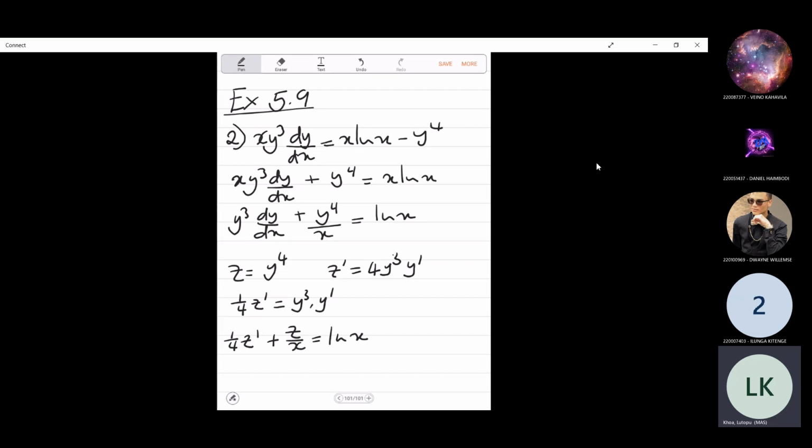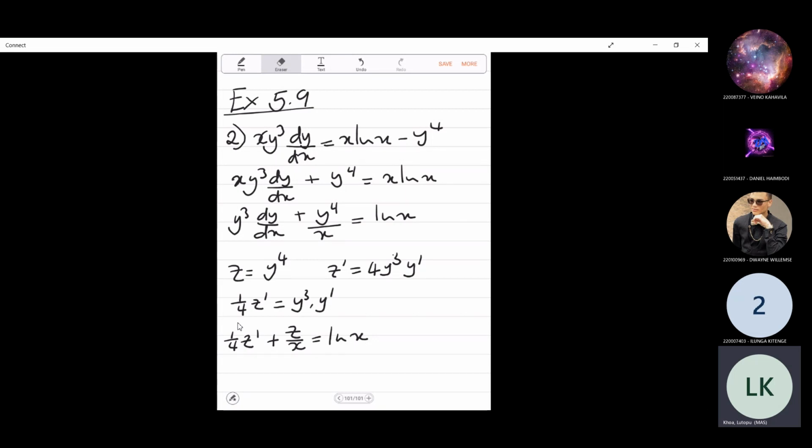So it is in linear form now, and we find our integration factor, which is e to the power of ln of x, which is x. Then multiply everything by x. Sorry, before that, it's not in linear form. There's a 4 here, so we need to take it away from there.